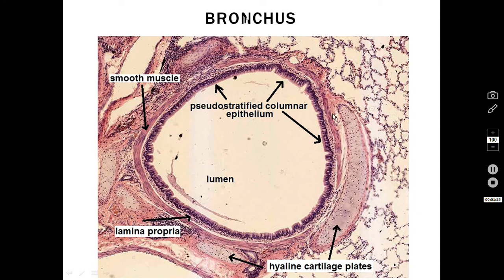So here's smooth muscle. And then we have these little plates of cartilage. This is a little plate of cartilage. Here's another little plate of cartilage. Here is more cartilage here. So if you see these cartilage plates, what you're looking at is a bronchus, not a bronchiole. And these here, of course, are alveoli. Just a single layer of squamous epithelia.